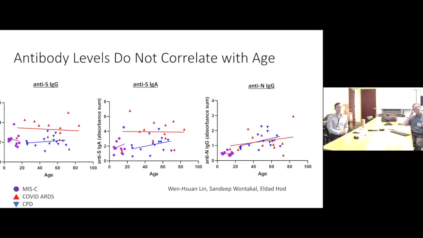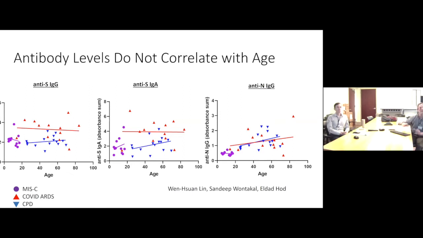Because we are comparing one group of patients that are much younger than the other group of patients, so the patients in the convalescent plasma donor study were all adults, some of them older adults, and the COVID ARDS patients also tended to be older, we ran some correlations between the antibody levels and age.